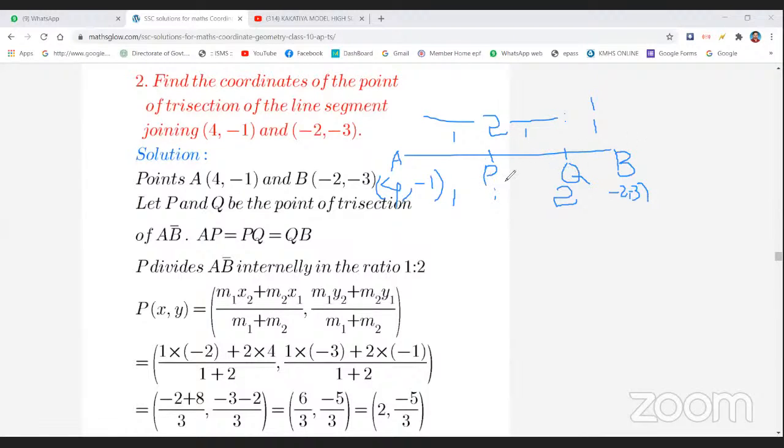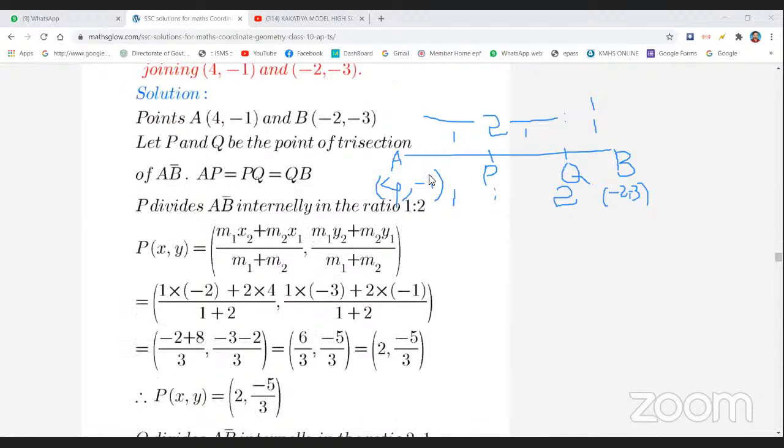To find these trisection points, we need to take the ratio 1:2 for P. While finding the Q point, we need to take ratio 2:1. So let us find them. Okay, students. Here, consider A (4, -1), B (-2, -3).